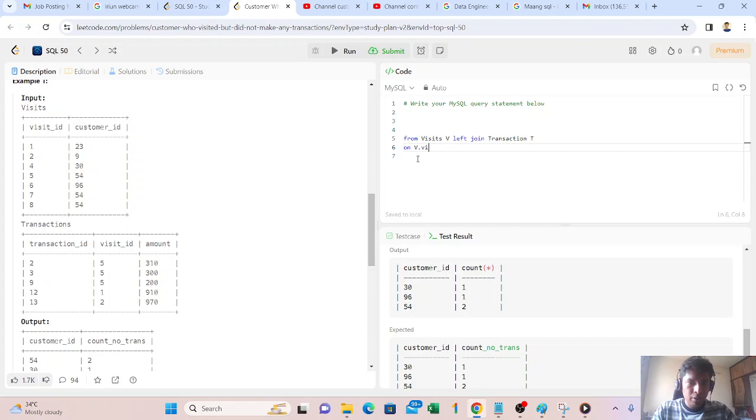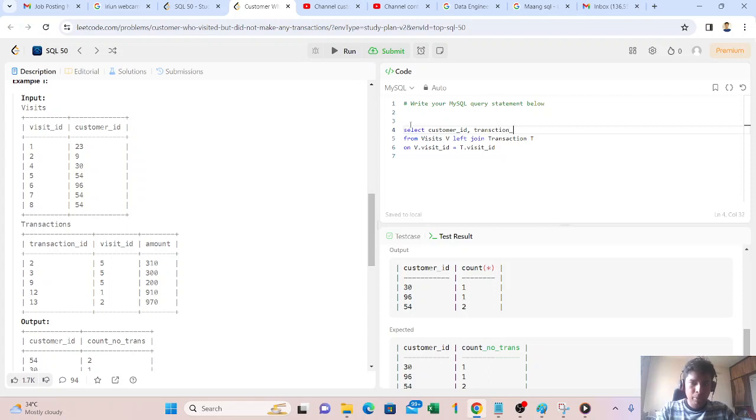So v dot visit ID is equal to t dot visit ID, and let's select customer ID and, as of now, transaction ID.